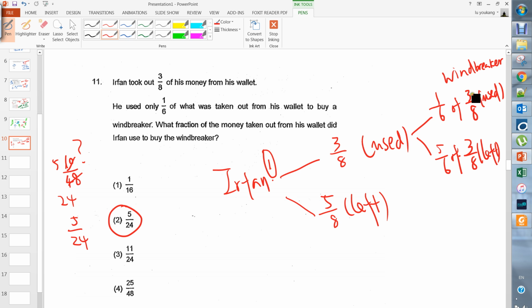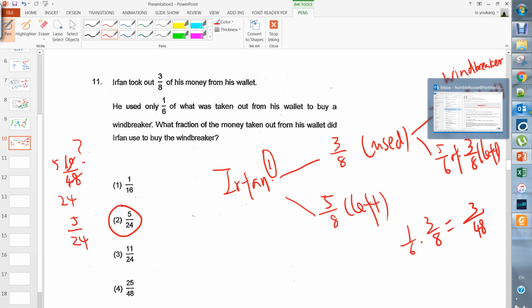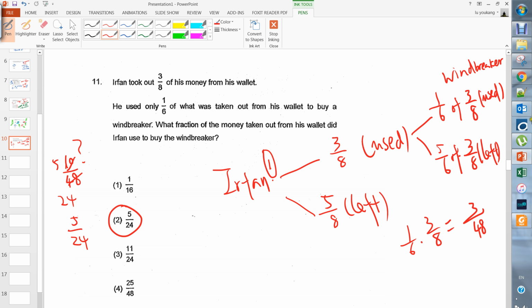You need to find 1/6 of 3/8. So "of" means what operation? Very good. So 1/6 times 3/8. So that means it's 3 out of 48. Right?